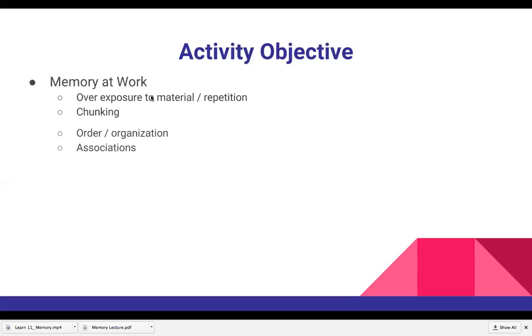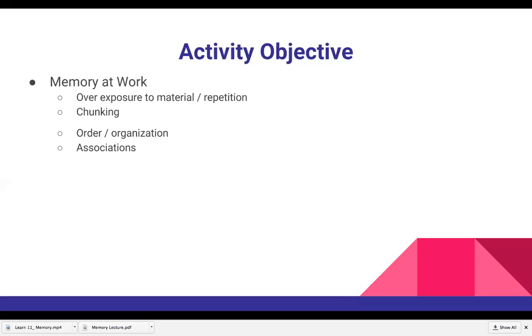I also want to say that chunking was part of the exercise because we broke up the larger pattern or picture into 4 pieces, and it was much more manageable for them to remember the smaller pieces than the bigger pieces. And we used just about the same amount of time. It was more effective for them with the smaller ones. Now, there was repetition in that the 4 smaller photos were the same photos that were in the original large one where they were all together.